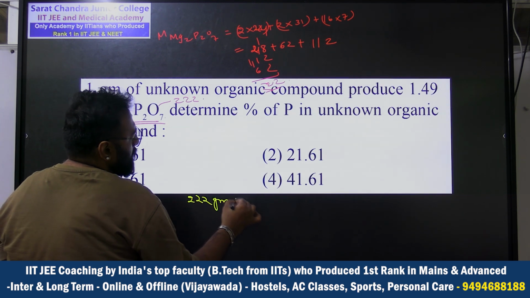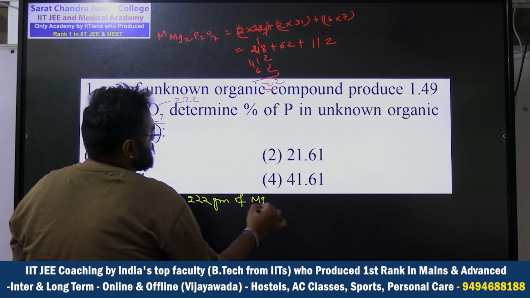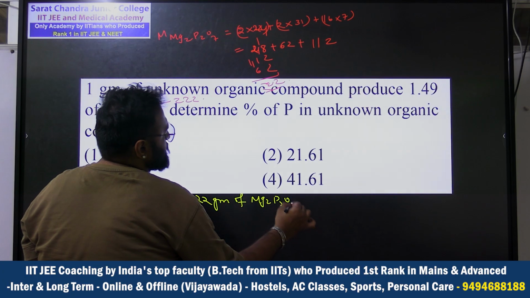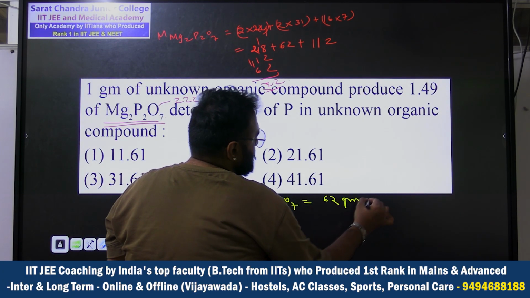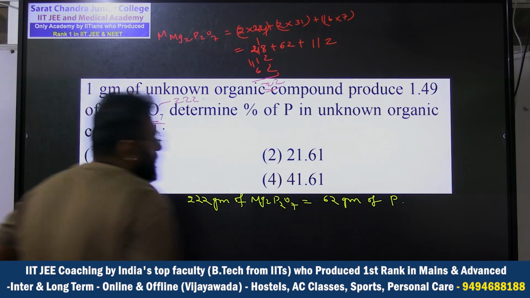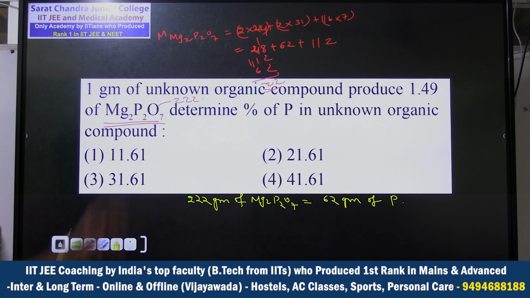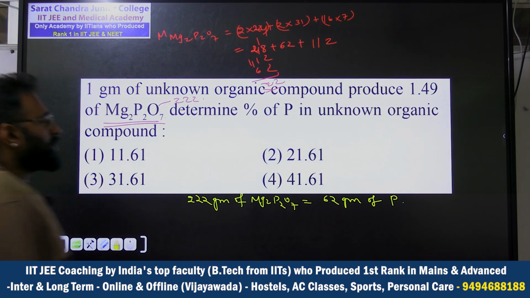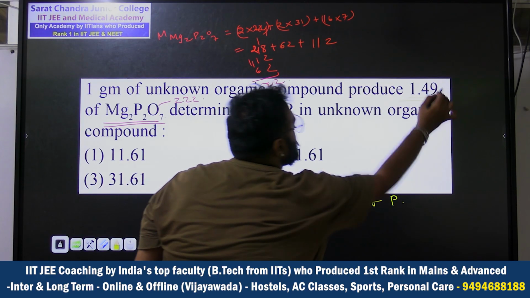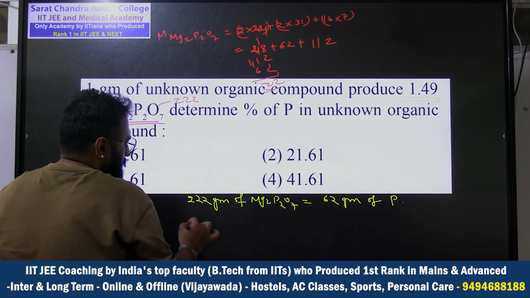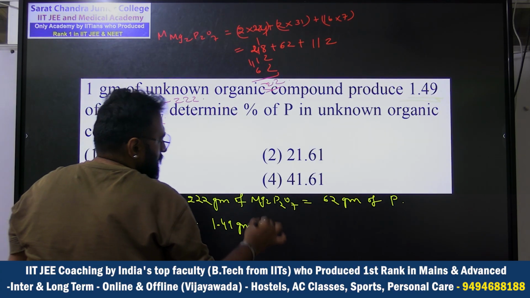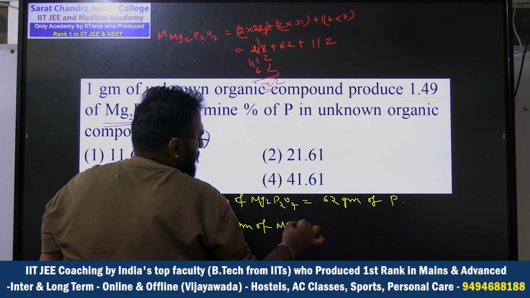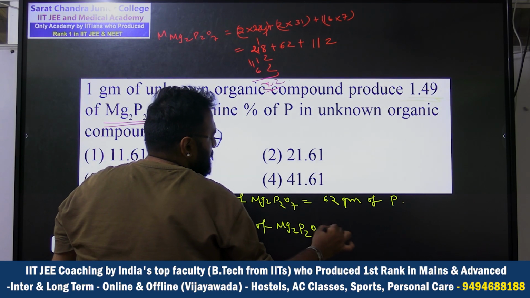222 gram of Mg2P2O7 has 62 gram of phosphorus. Correct? So in the question, what is the compound weight? 1.49. Therefore, how much phosphorus will 1.49 gram of Mg2P2O7 have?